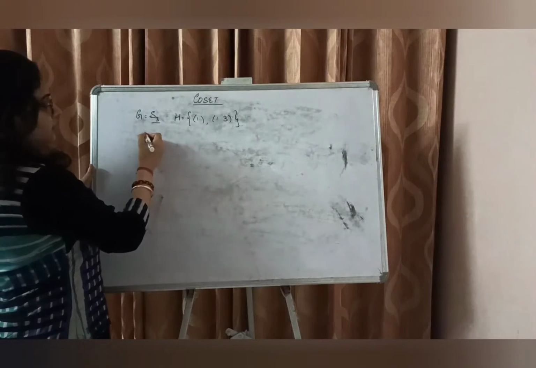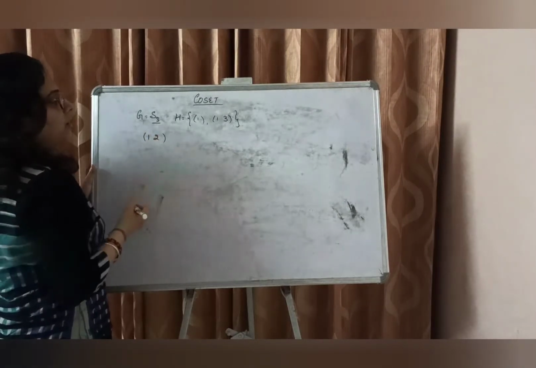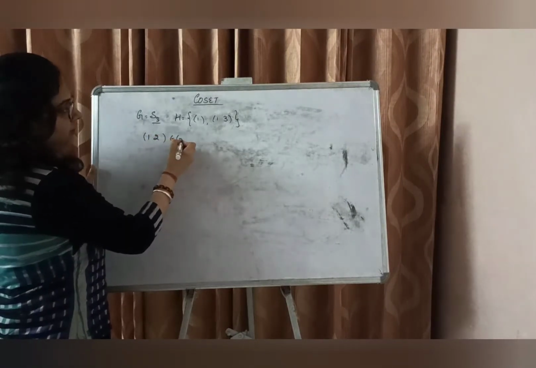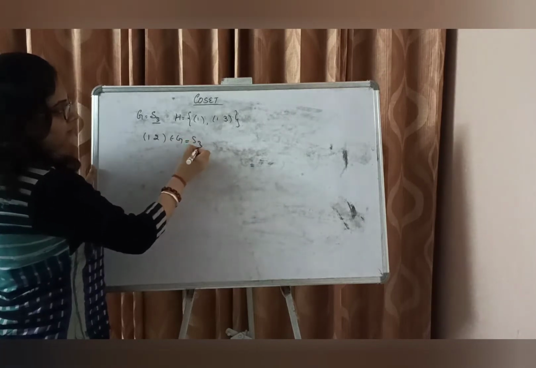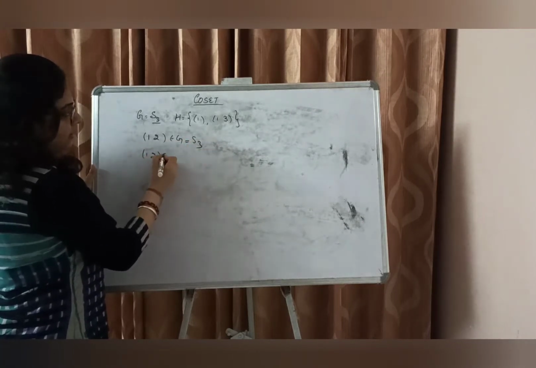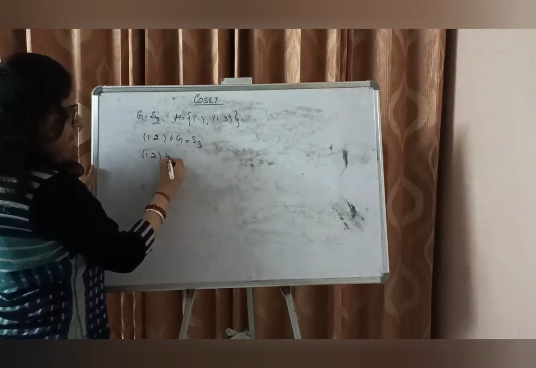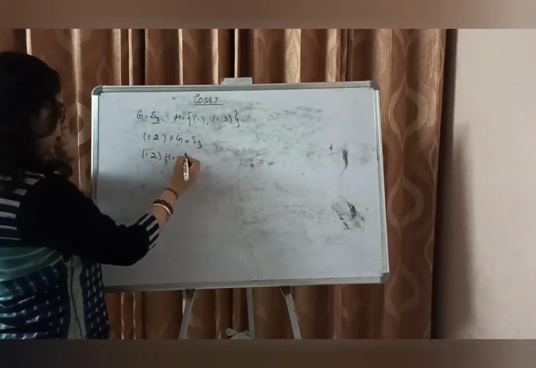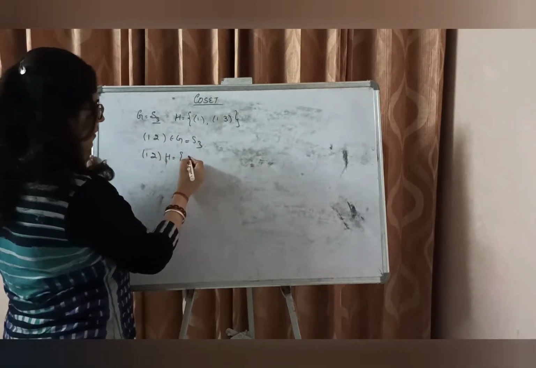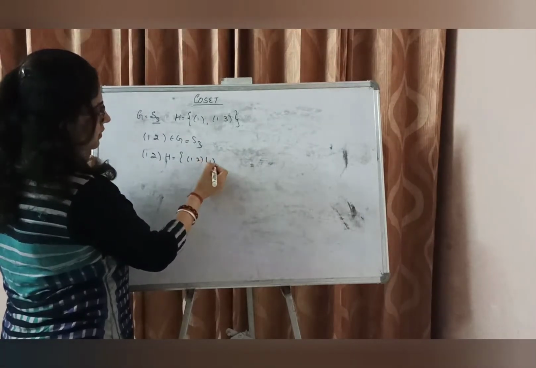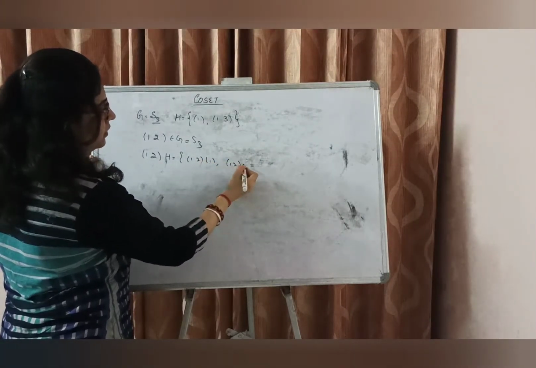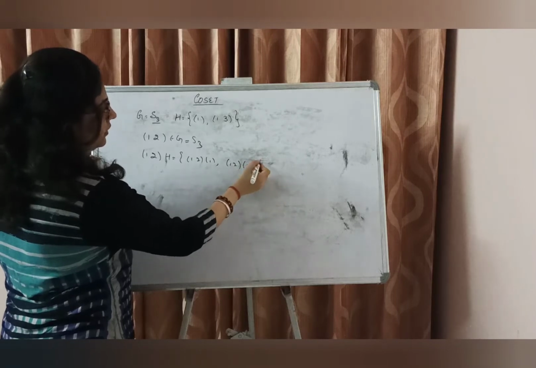Let's calculate (1 2). Now (1 2) is an element of G. (1 2) into H will contain the elements (1 2) into 1 and (1 2) into (1 3).